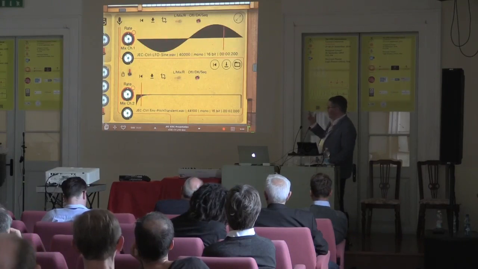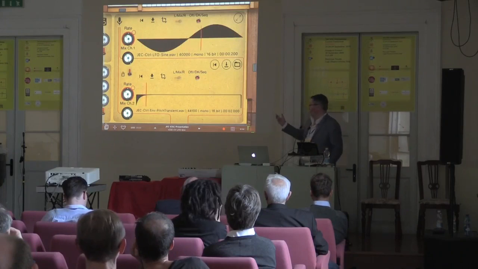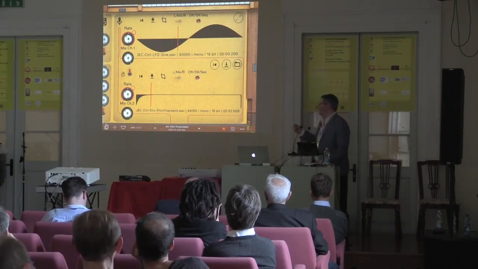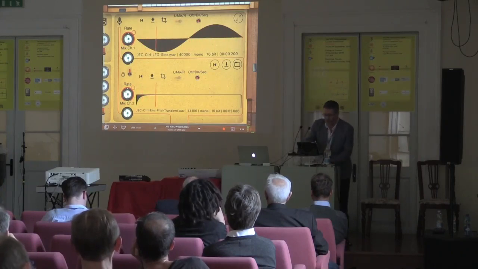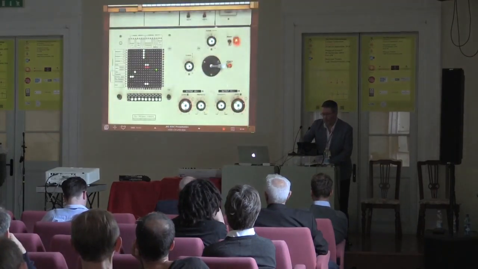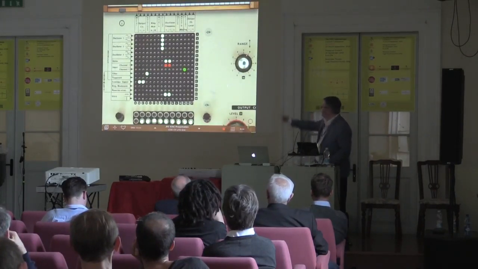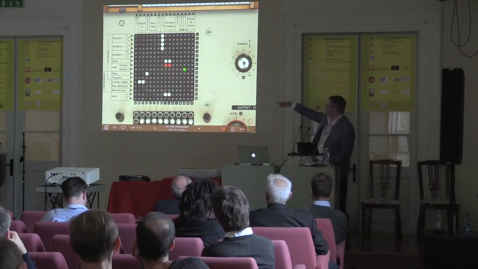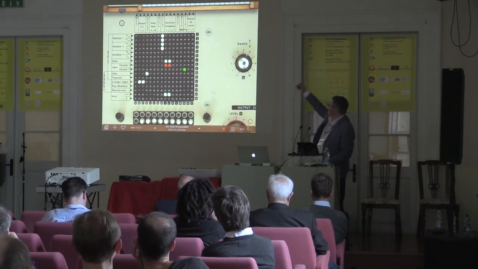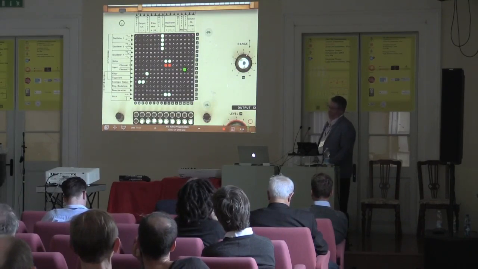So what you heard there was the envelope changing the filter frequency, which has been set up here with the green pin. So the green pin is taking channel 2 information, which is then applied to the filter frequency.